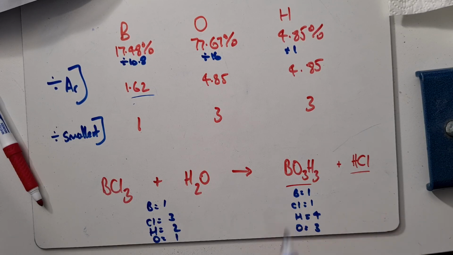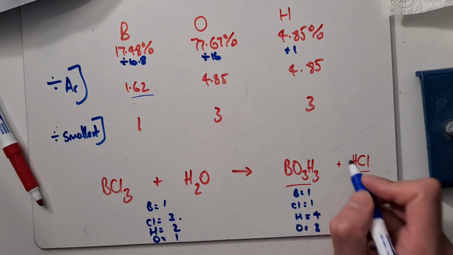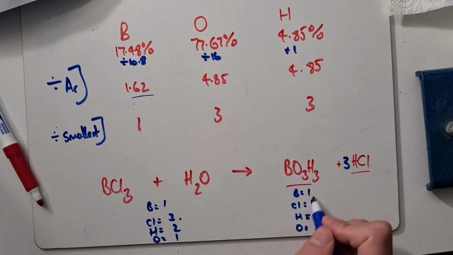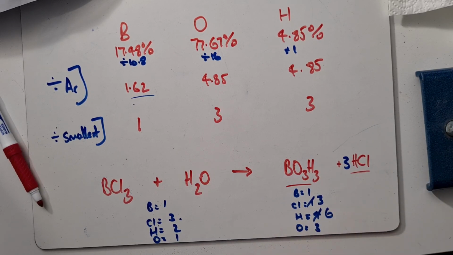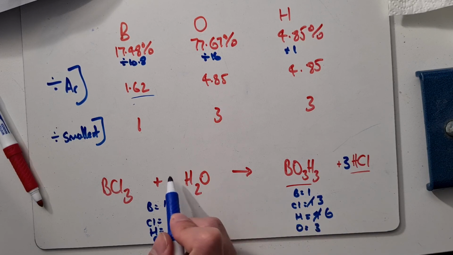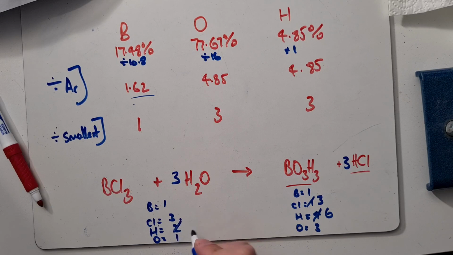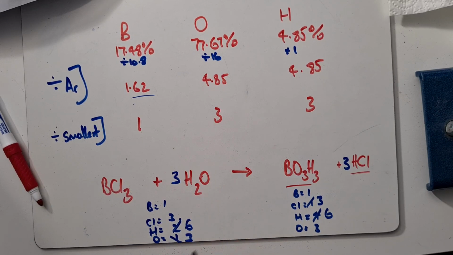So it doesn't really matter which one I start with here to get to balance. My borons are fine. Start with our chlorines then. I'm going to put a 3 there to get that chlorine up to 3. And now my hydrogen up to 6. If we go to my hydrogens next, I'm going to need a 3 there to get my hydrogens up to 6 and my oxygens to 3. And luckily then that balances out.